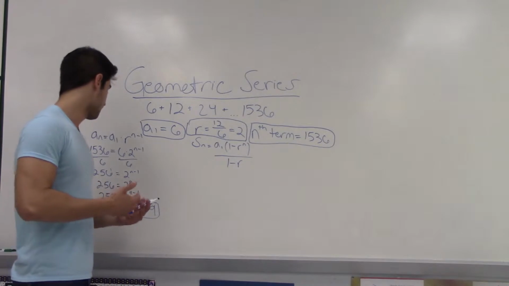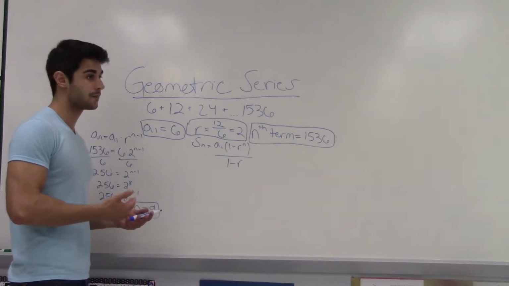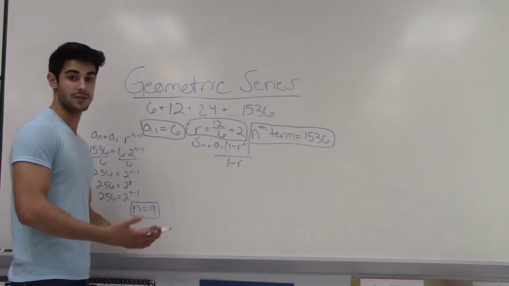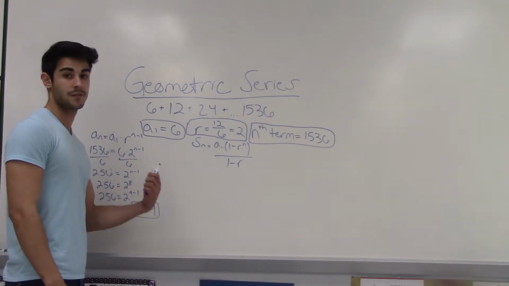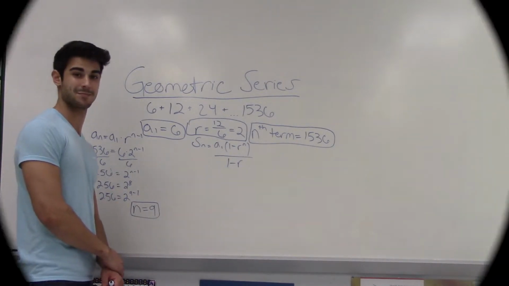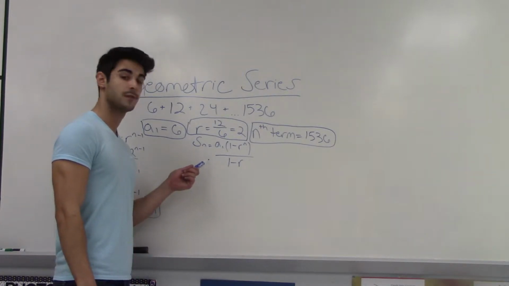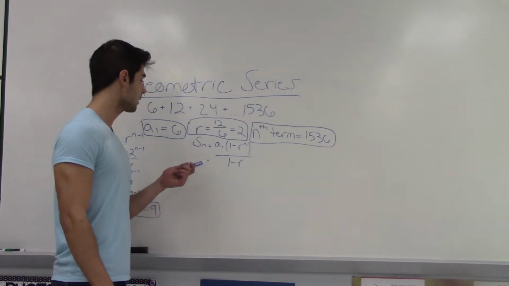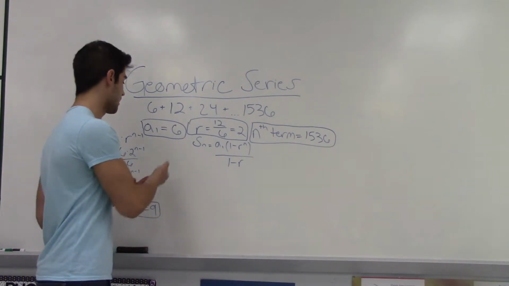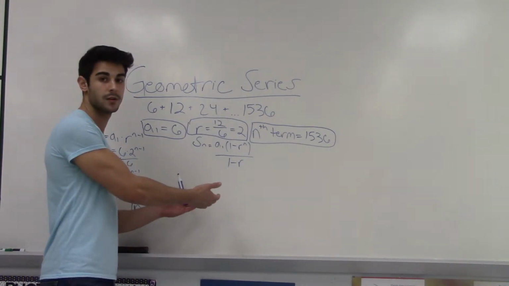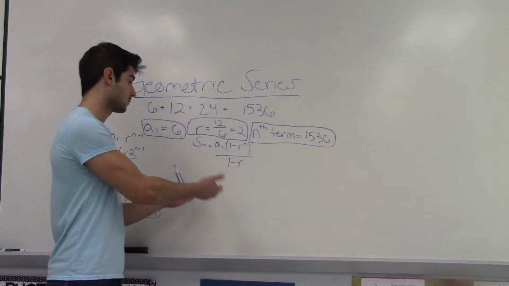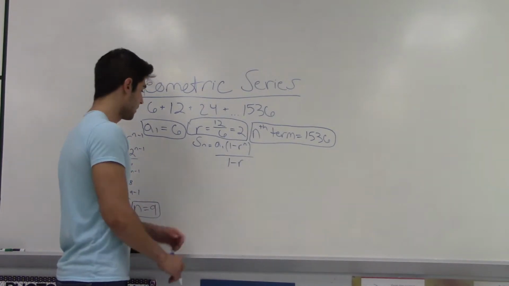Now that we have solved for n and discovered that n is 9, we have to try and find the sum of this finite geometric series. Here we have the formula for finding the sum. And once again, we're going to take the information that we already have and plug it in and find our sum.